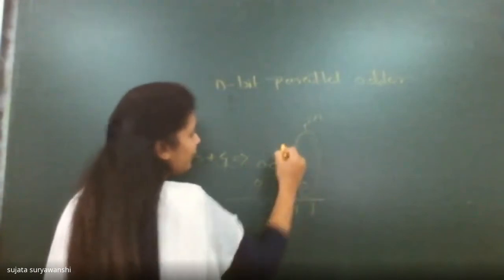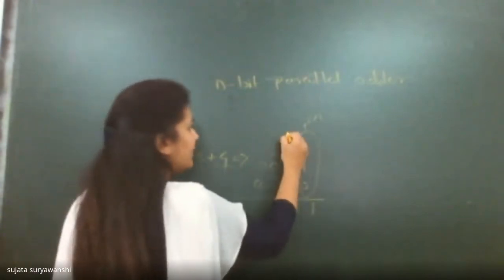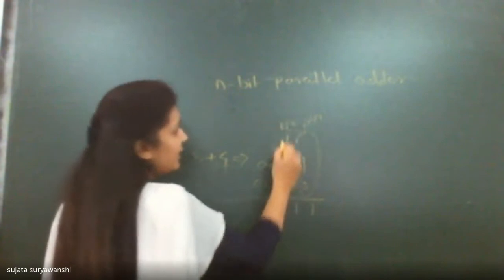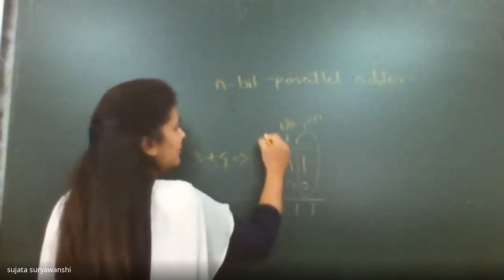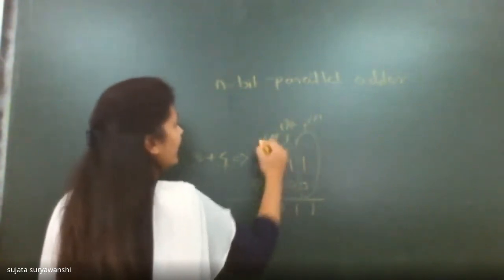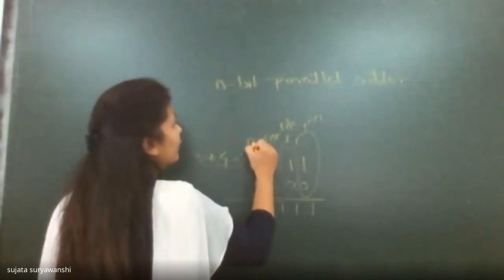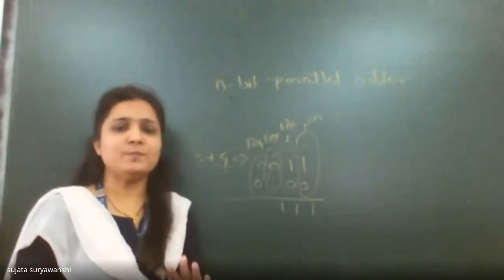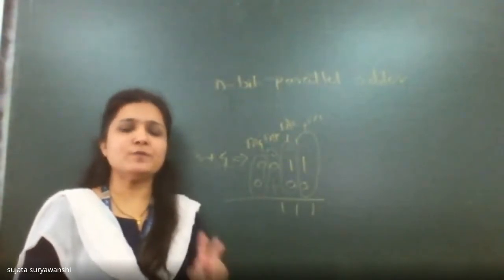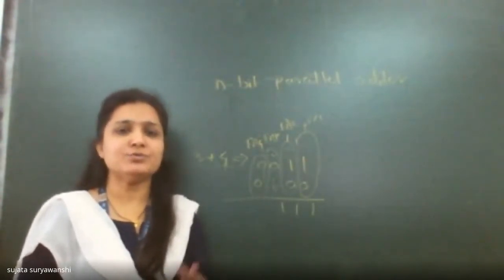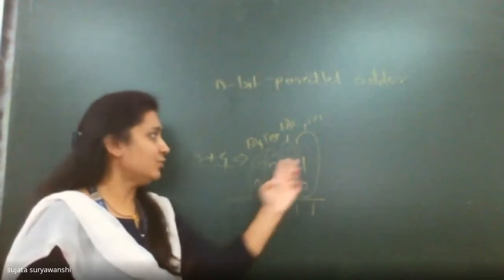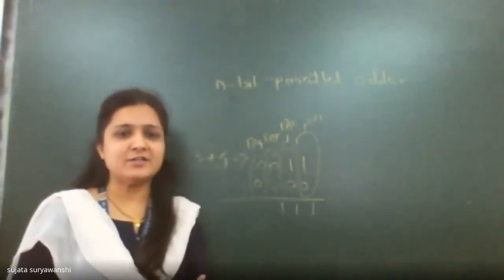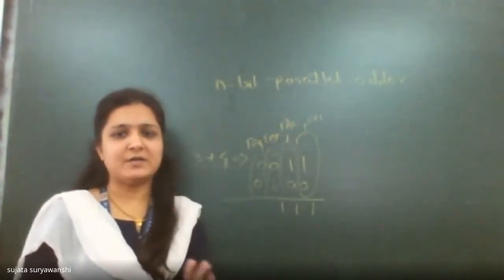Similarly, for addition of the next binary bits along with carry, you need to use a second full adder, then a third full adder, and this one will be your fourth full adder. Like this, if you want to add two 4-bit binary numbers, you need to use 4 full adders. Understood, everyone? Or any doubt you have?